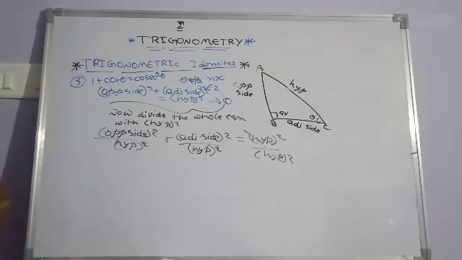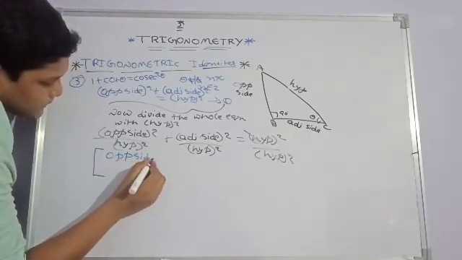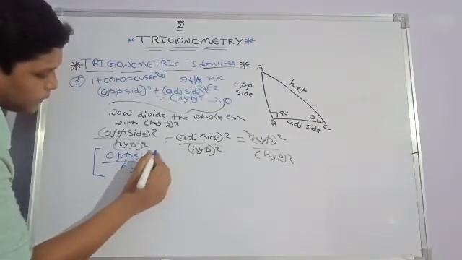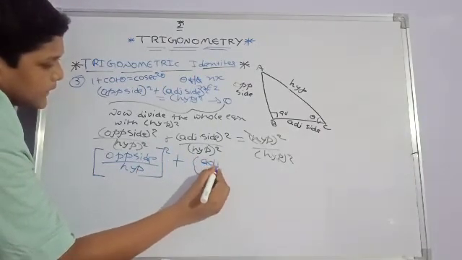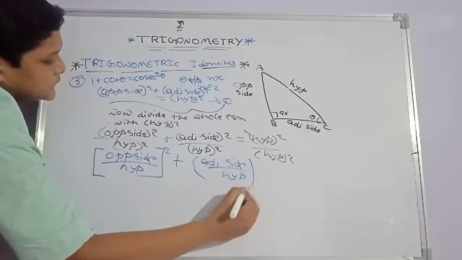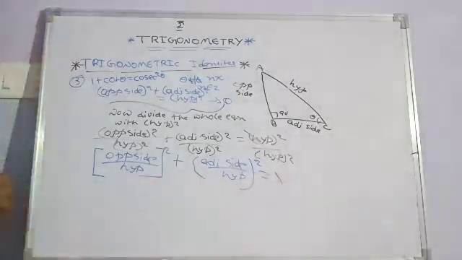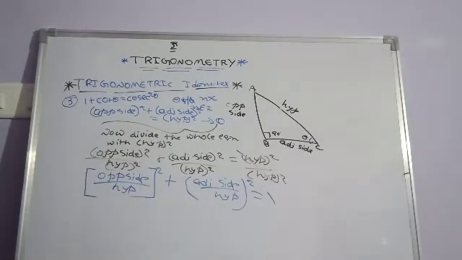Opposite side by hypotenuse whole square plus adjacent side by hypotenuse whole square is equals to 1.